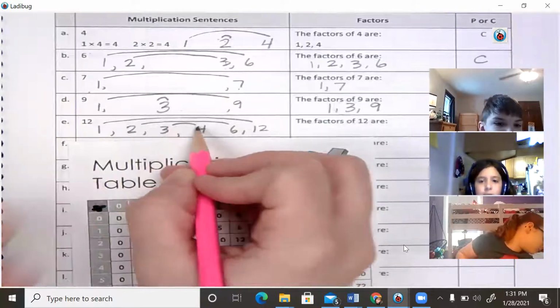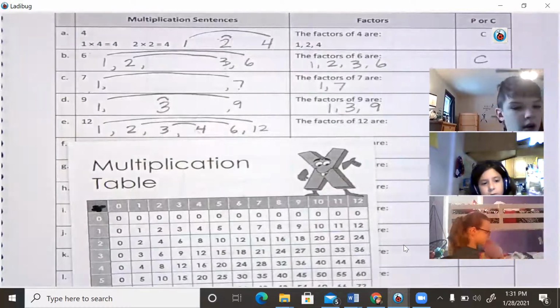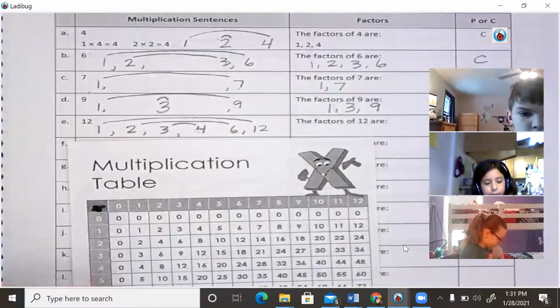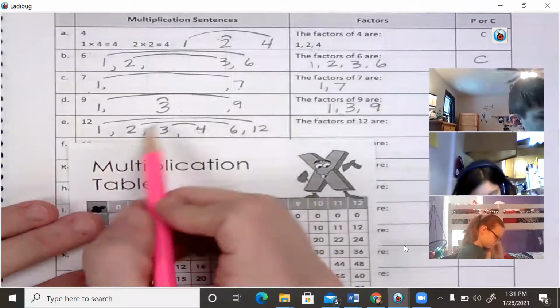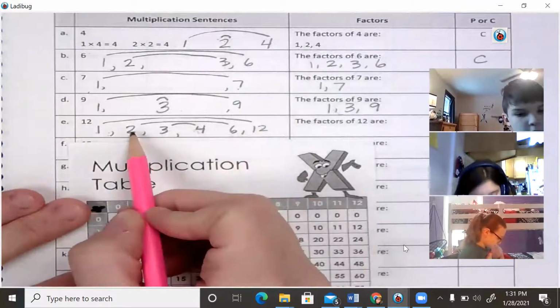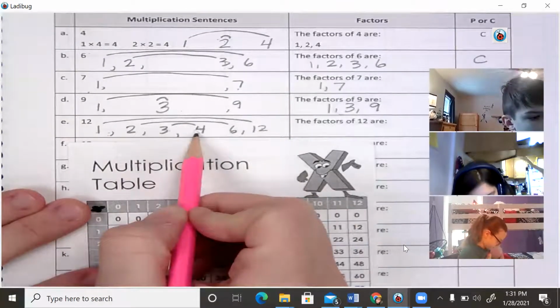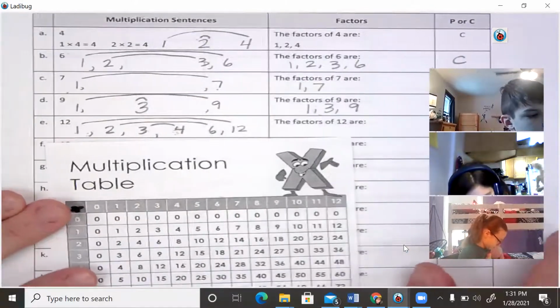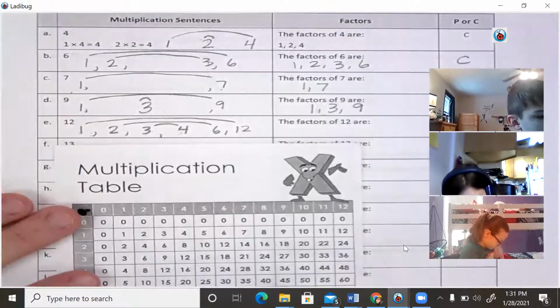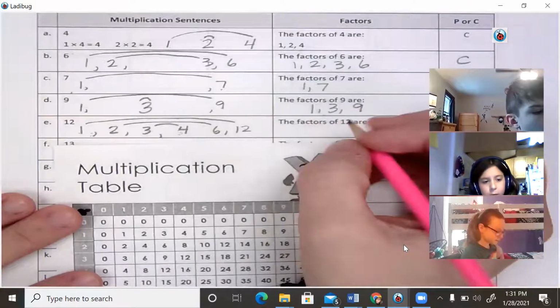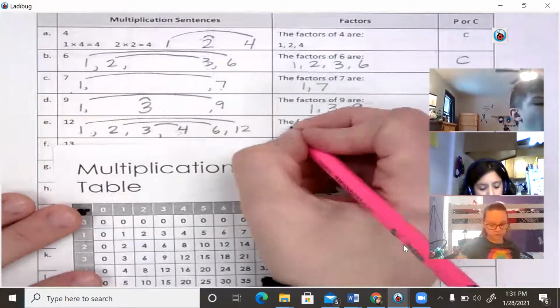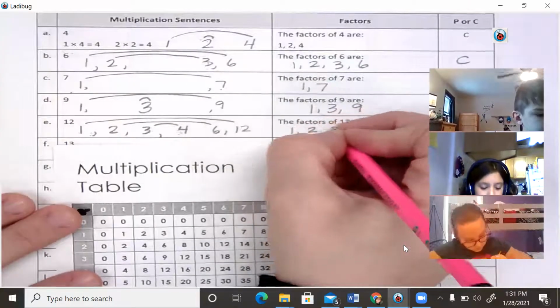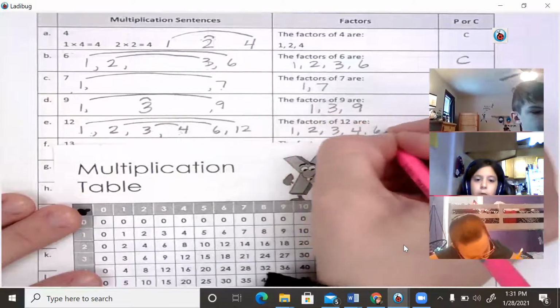There you go. So we're already now repeating. So you have your whole list. These are our factor pairs: 1 times 12, 2 times 6, 3 times 4. But now let's make a list. What are the factors of 12, Bella? 1, 2, 3, 4, 6, and 12.